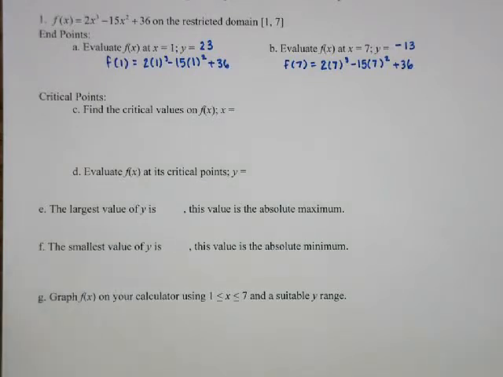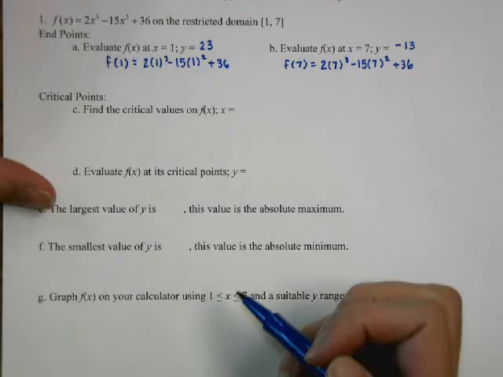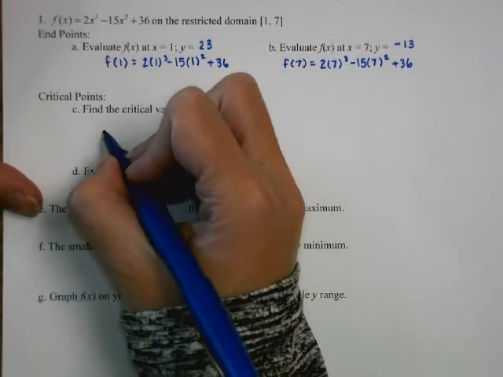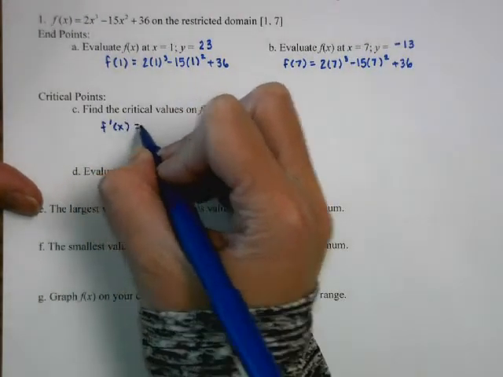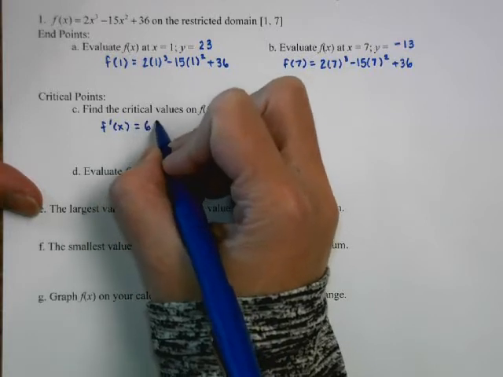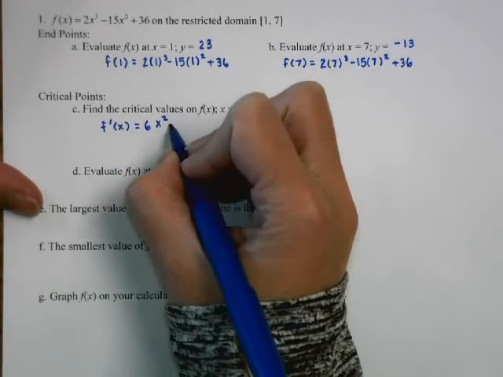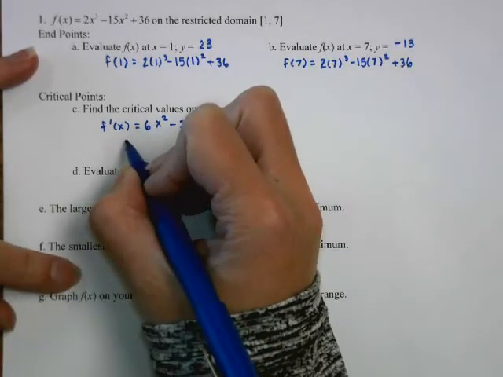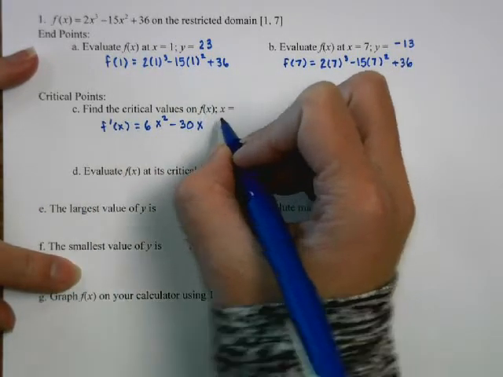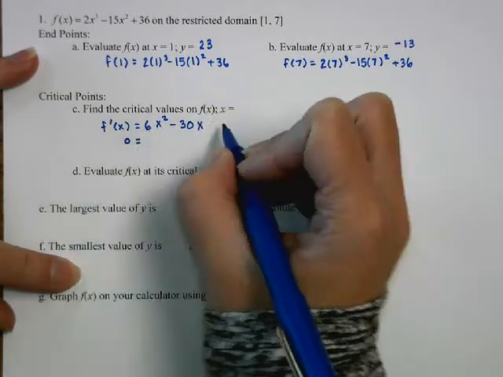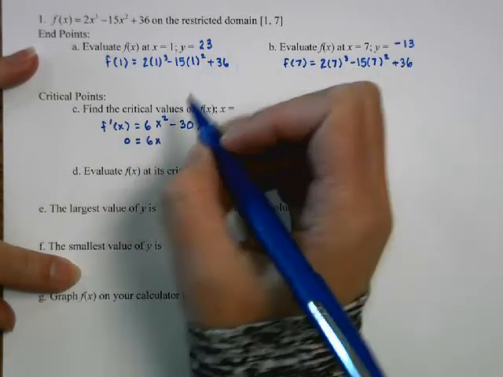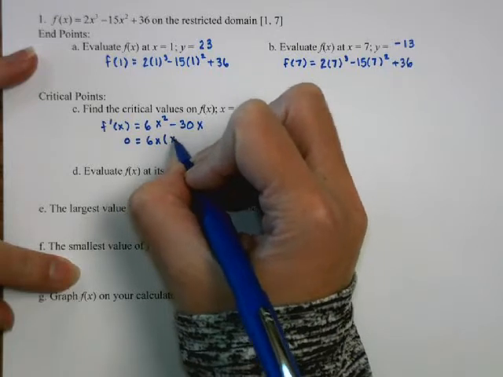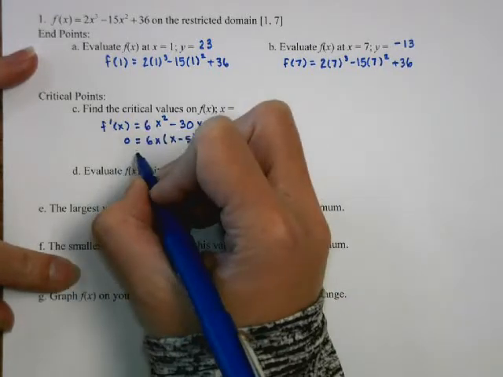So to find the critical values, we're going to take the derivative. This is going to be 6x squared minus 30x. We're going to set that equal to 0. And I'll factor out my biggest common factor: 6x times (x minus 5).